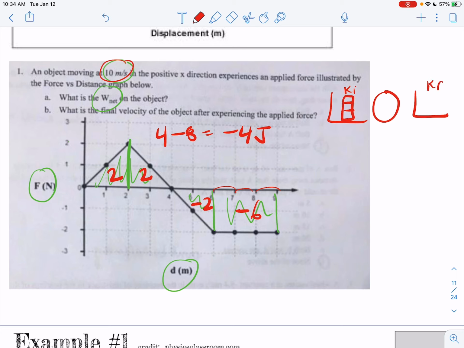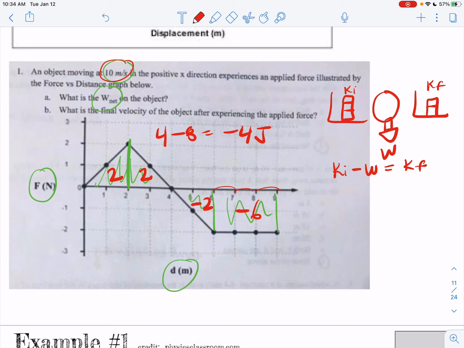And then I can see that some work has been removed from the system, taken out. So that's decreasing the energy, which is going to leave me some final slower kinetic energy. So I'm going to have my initial minus the work equals the final. I like to write it like this. Not everybody writes it like that, but to me that makes sense.